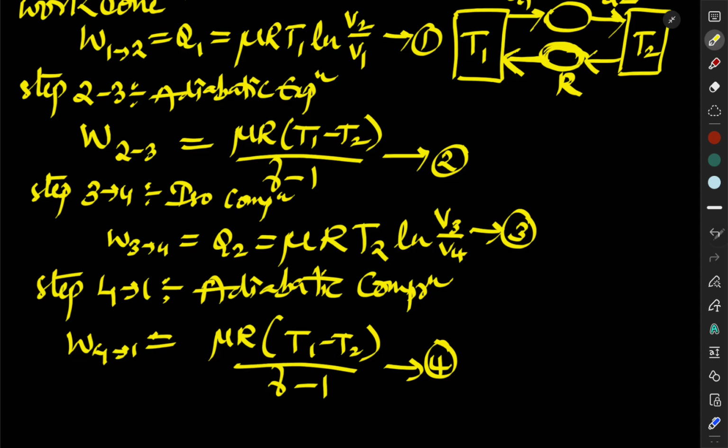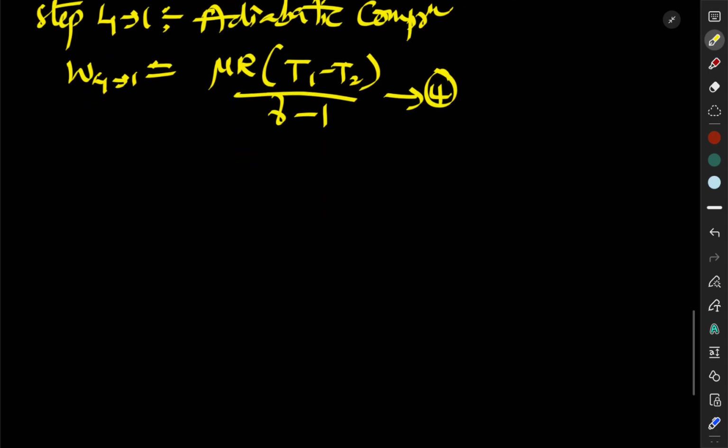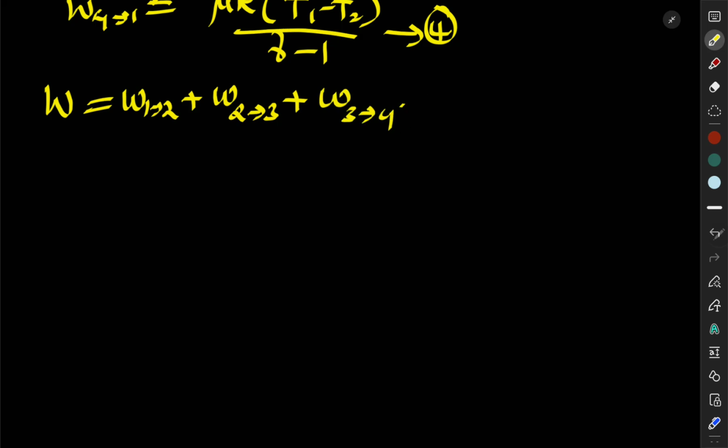Now let's add all the work done expressions to get the total work. To get the total work W, we have to add work done 1 to 2, plus 2 to 3, plus 3 to 4, plus 4 to 1. So we write the expressions we got: mu R T1 log V2 by V1 was the first.